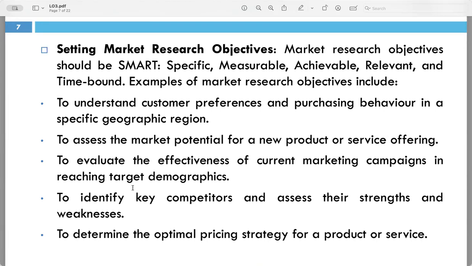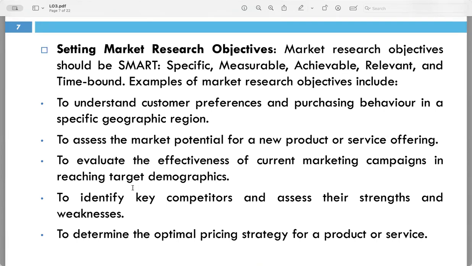Then achievable: objectives should be realistic and attainable, given the available resources and constraints. For example, to assess the market potential for a new product or service offering is achievable if the organization has access to relevant market data and analytical tools.